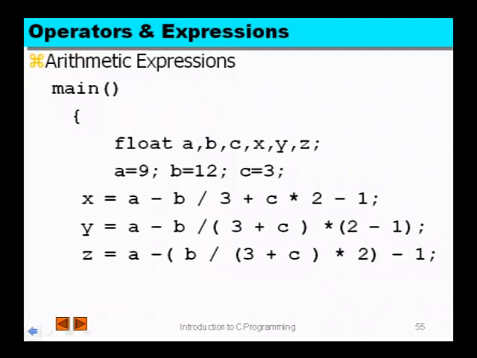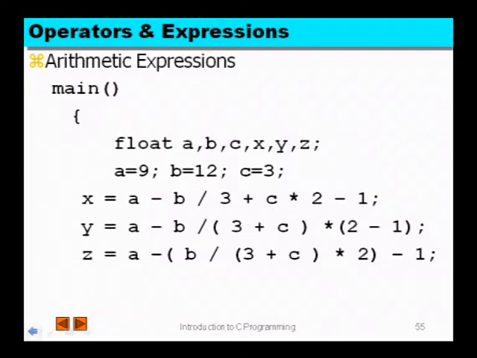Next, z is equal to (a minus b divided by (3 plus c)) multiplied by (2 minus 1), with the entire expression enclosed in parenthesis. So, first b divided, that will not be performed; within that there is another parenthesis, 3 plus c, and c value is 3.